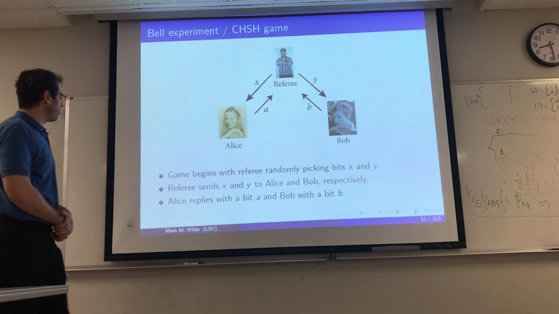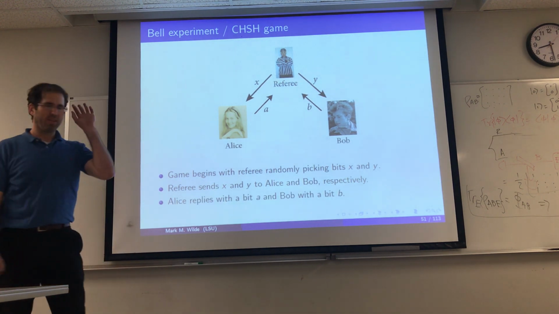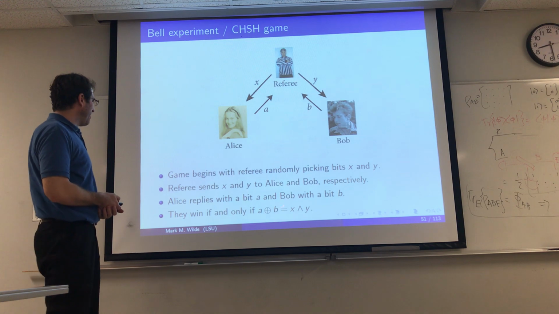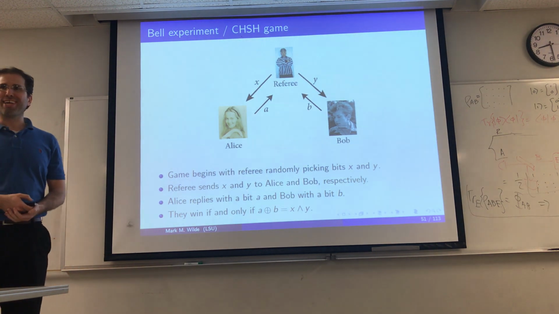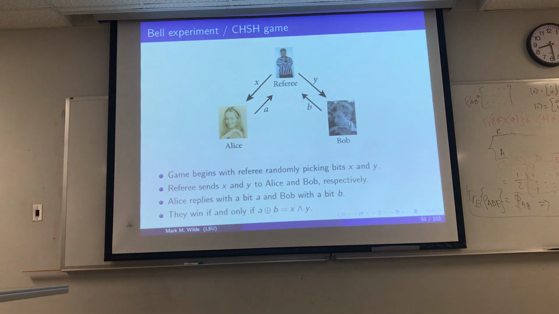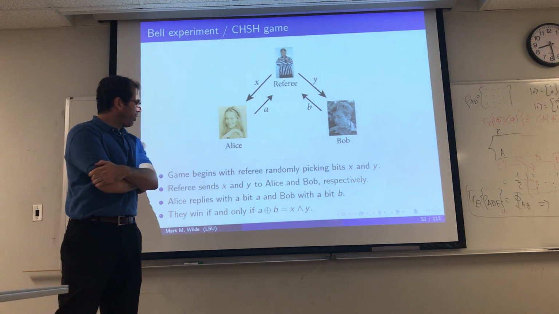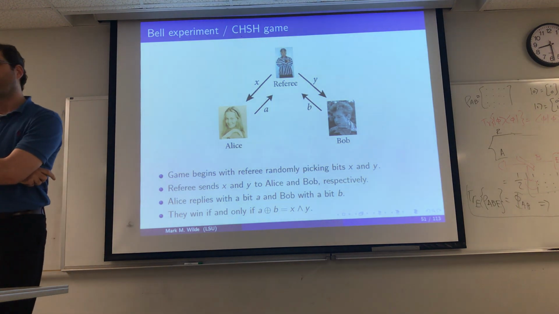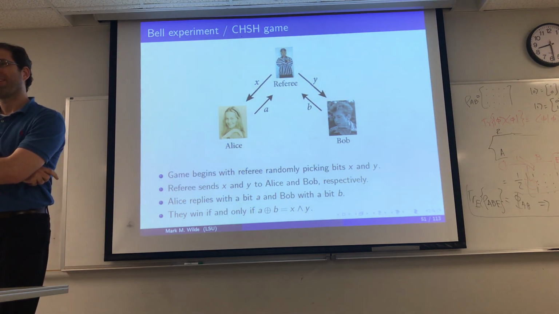So then you reply with a bit. How do you reply? You raise your hand or you don't raise your hand. And you win if this condition is satisfied. If both of you have tails, then only one of you should raise your hand.